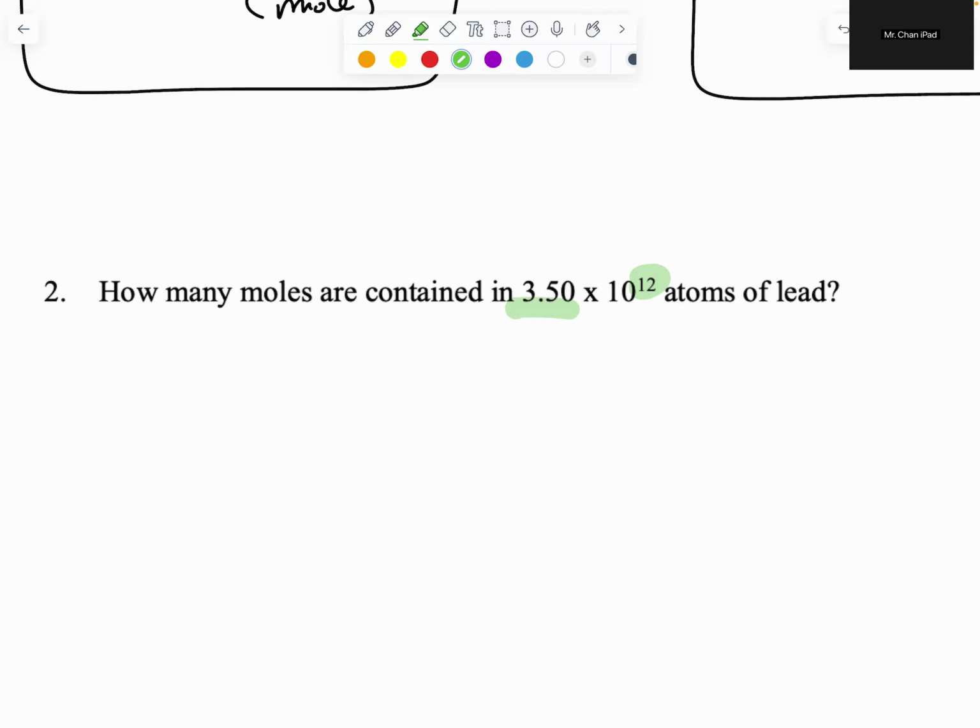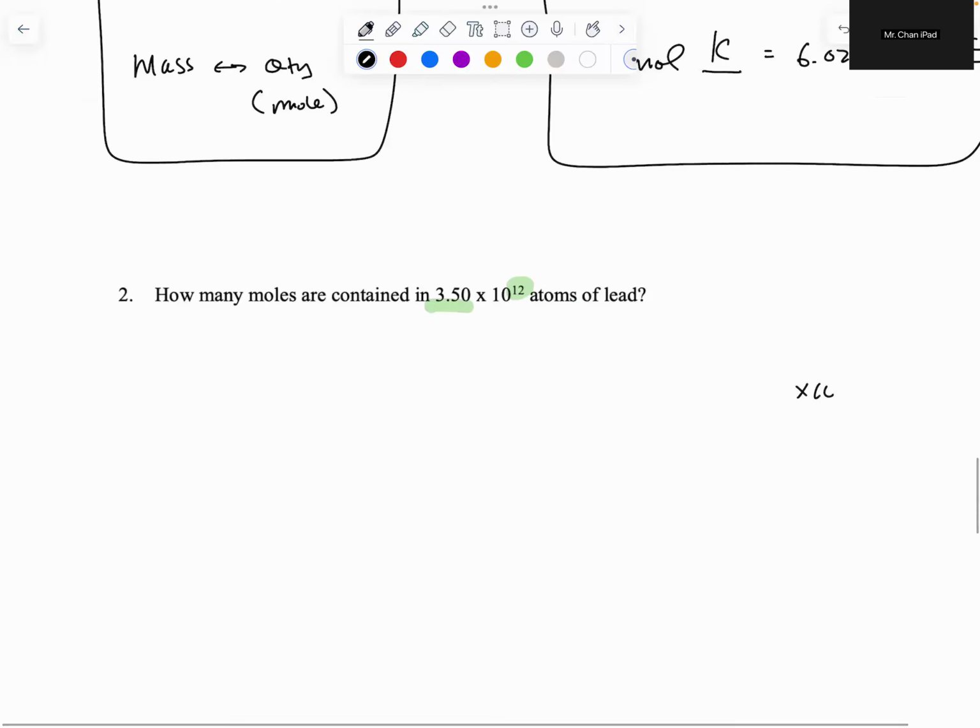It's like 11 orders of magnitude less. Okay, so what are we expecting right here? We're going to expect some kind of negative exponent on the mole. It's going to make you feel uncomfortable because there's a small, tiny negative number right there, but it's okay because that's what it is. It's a tiny fraction of a group, okay?